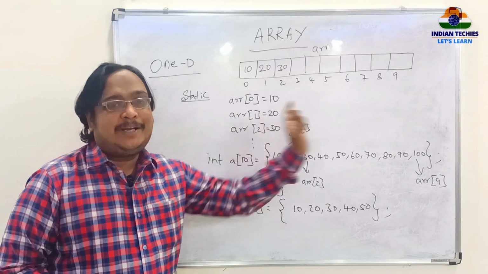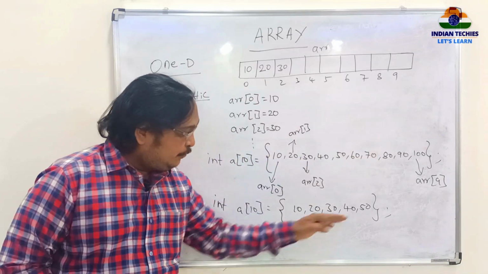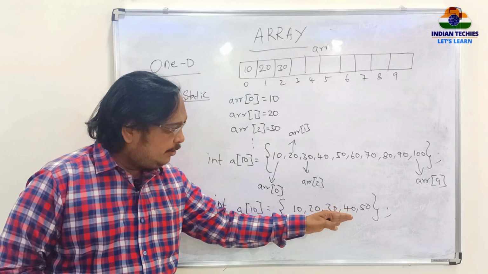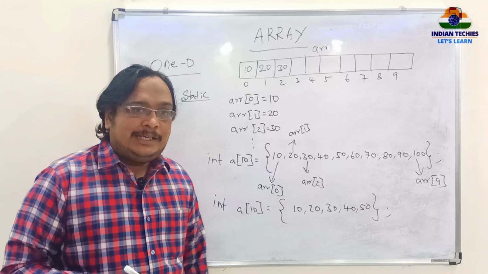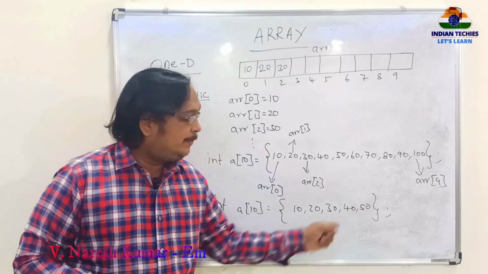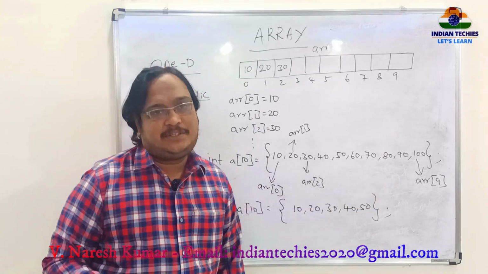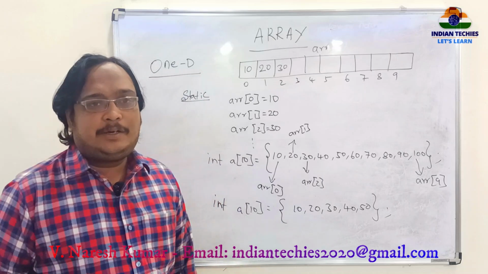If you don't give any value, the default value for all the remaining variables will be a garbage value. What do we mean by garbage value?